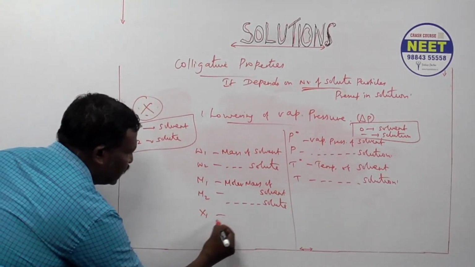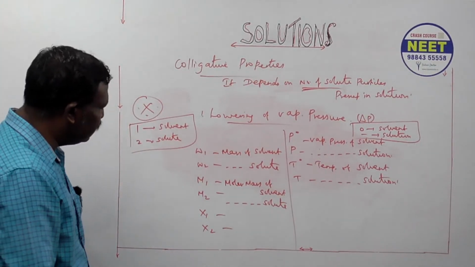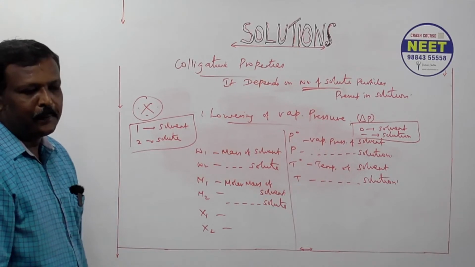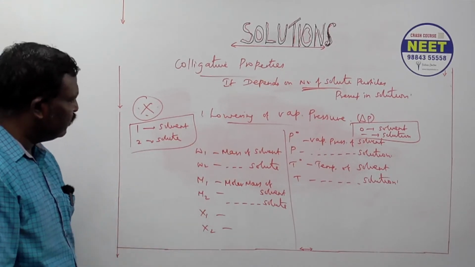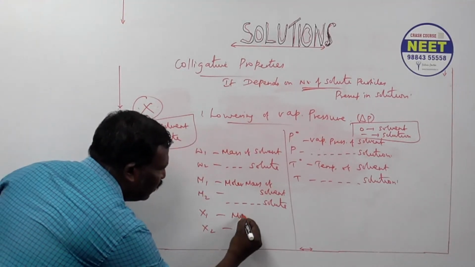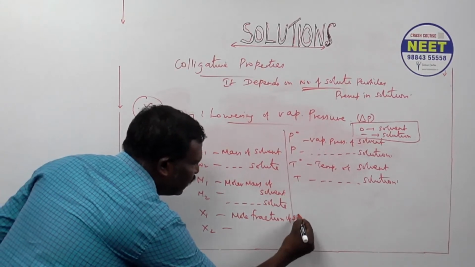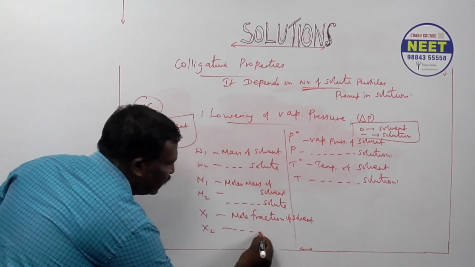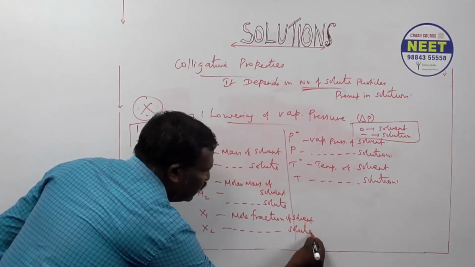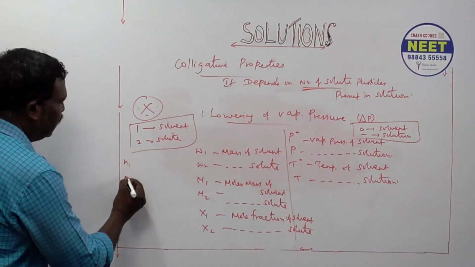Understood? X1, X2. Mole fraction. Simple. All the symbols you must know. Mole fraction of solvent, and mole fraction of solute. Then N1, N2.